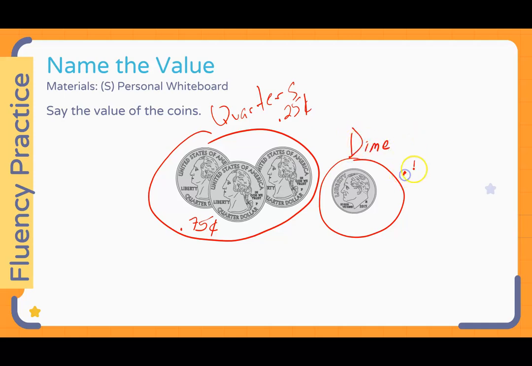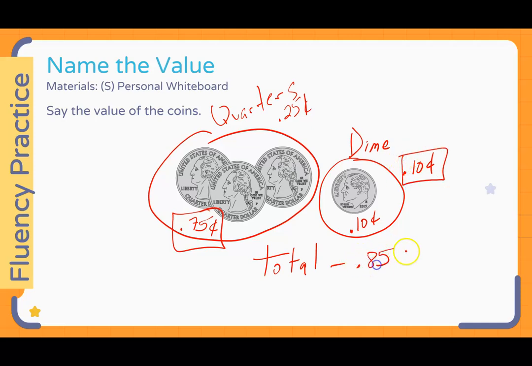How much is it worth? 10 cents. How much do I have? 10 cents. Now, in your journal, I want you to write the total of what we got here. You have 75, count by 10, 75, 85. 85 cents. Okay? You don't have to do the drawing or anything like that, just the total for now.